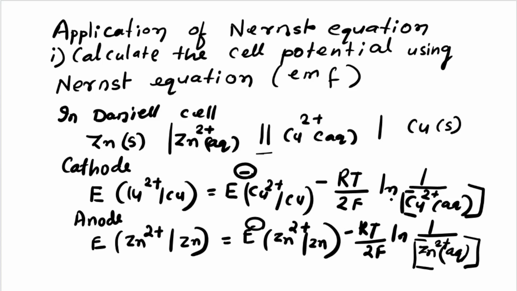Then ln, and divided by, this is a common formula where you can also put 0.0591. Now for the anode, you can put the electrode potential of zinc, equal to the standard electrode potential of zinc minus RT by 2F, because 2 is the number of electrons, and Zn2+, according to the Nernst equation.